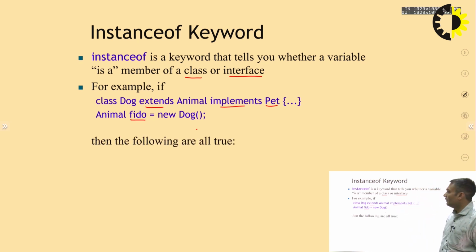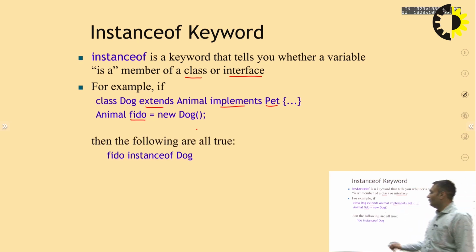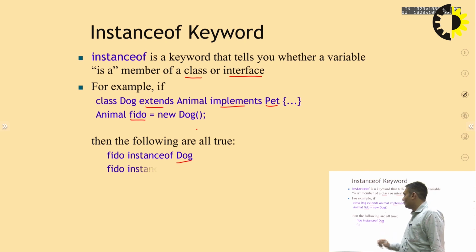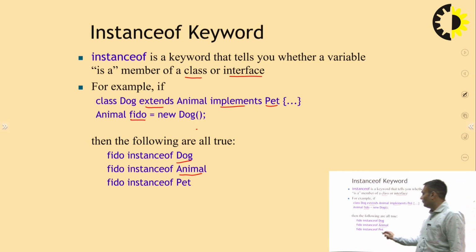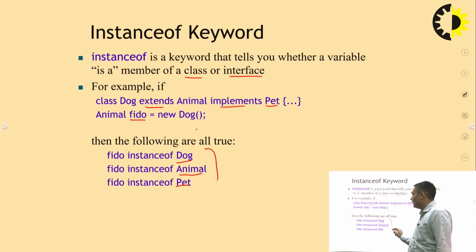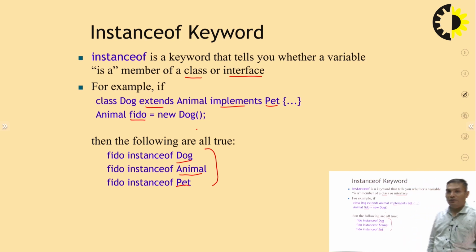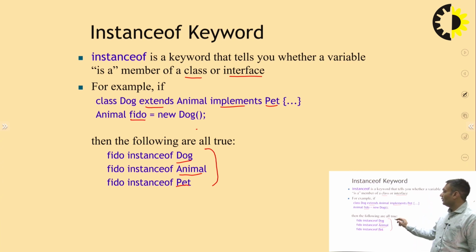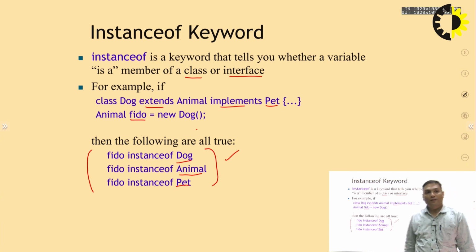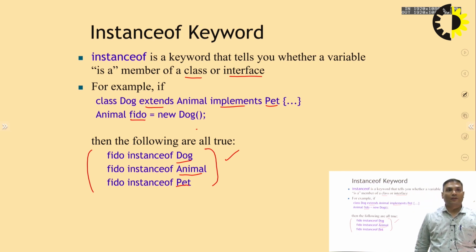Now, if I want to know whether Fido is an instance of Dog, of Animal, and of Pet, you can see that Fido is an instance of all three, so the answer will be true. So the instanceof keyword helps you know whether the variable belongs to a class or interface or not.